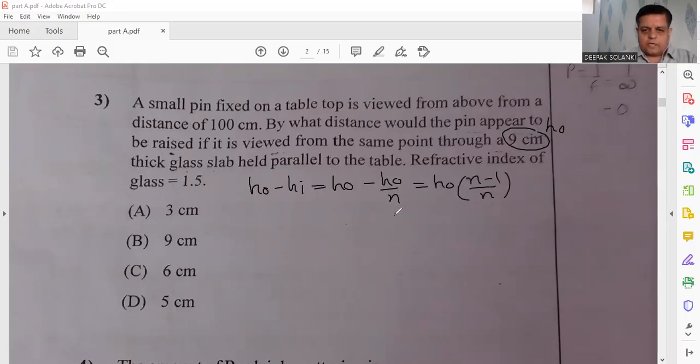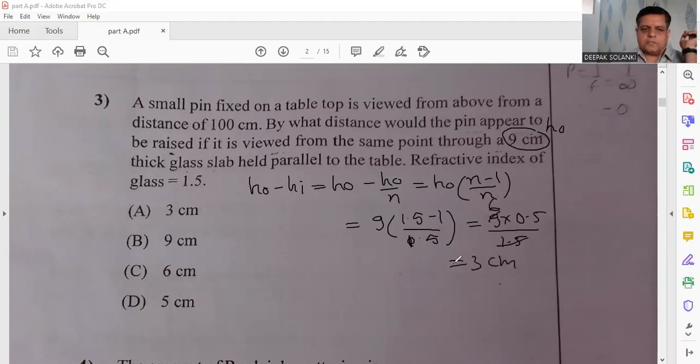Your HO is 9. 1.5 minus 1 upon 1.5. So it is 9 into 0.5 divided by 1.5. So this is 3 centimeter.